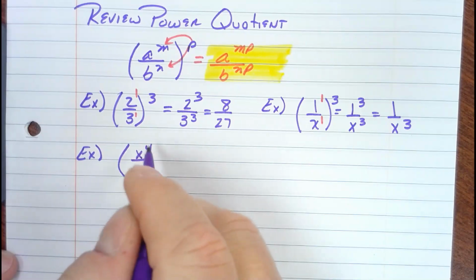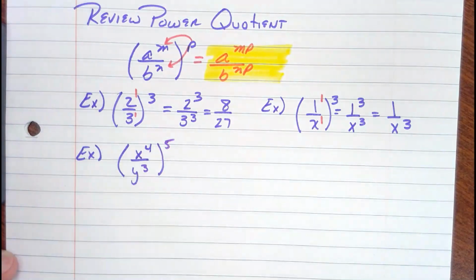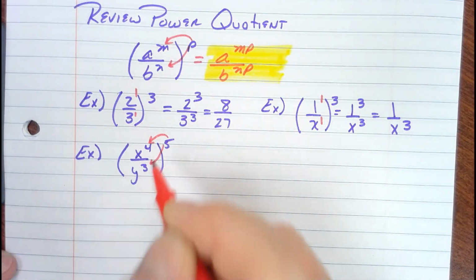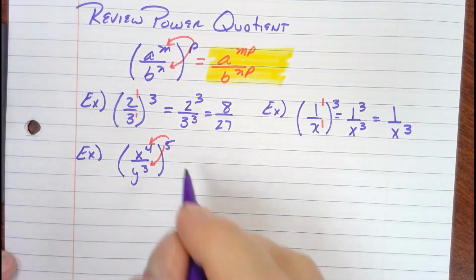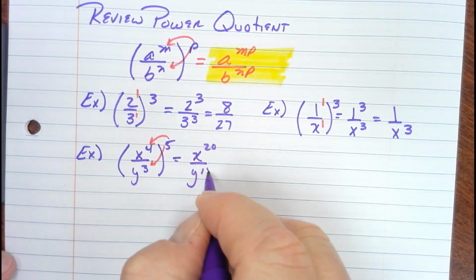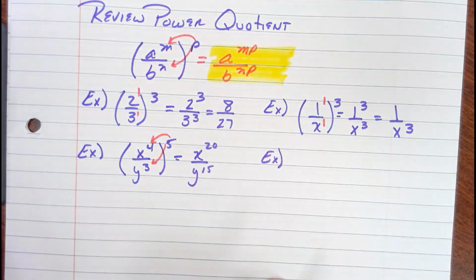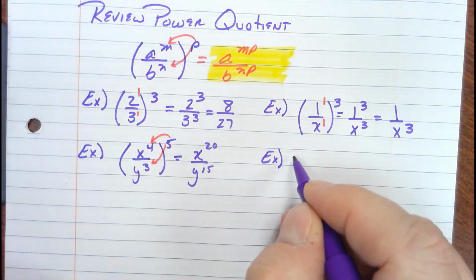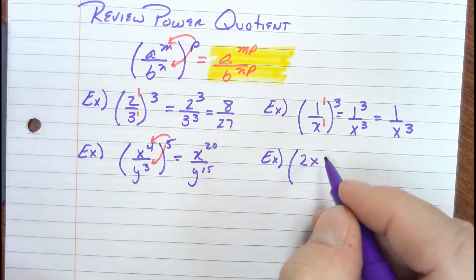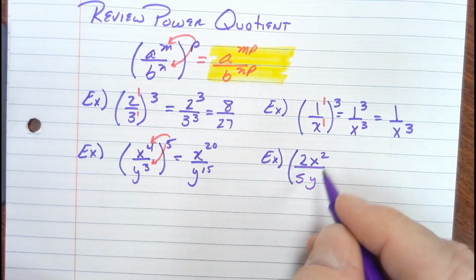X to the 4th over y cubed, raised to the 5th power. I am going to multiply that 5 times the 4 and 5 times the 3 to get x to the 20th over y to the 15th. Similarly, I have 2x squared over 5y to the 7th.